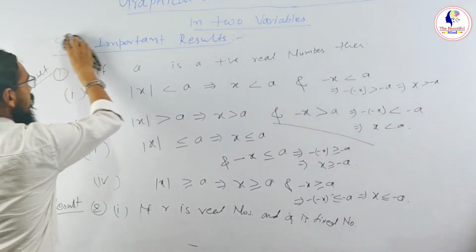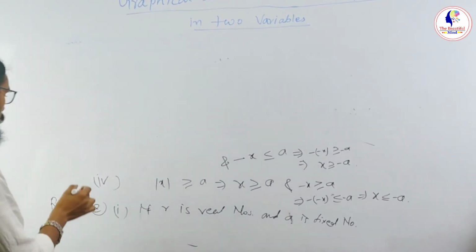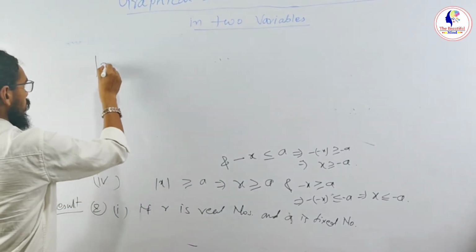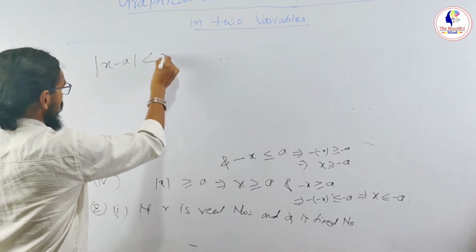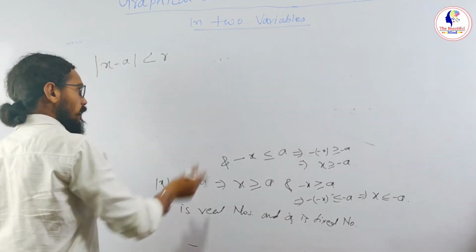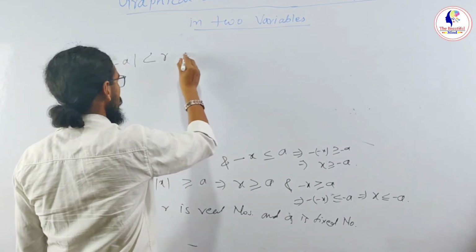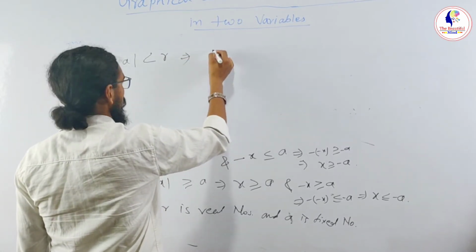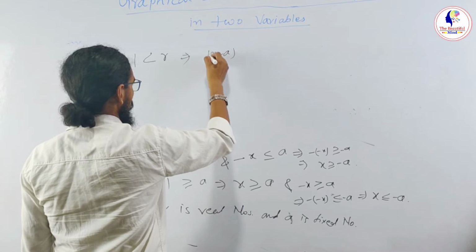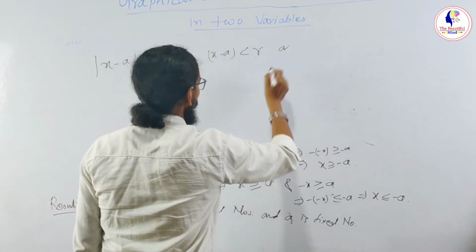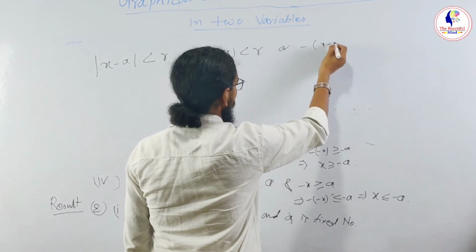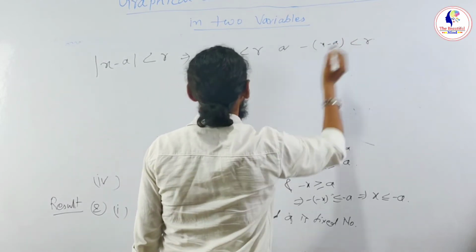We can see now, suppose modulus of x minus a less than r. So we have to write, this implies that x minus a less than r or minus of x minus a less than r.